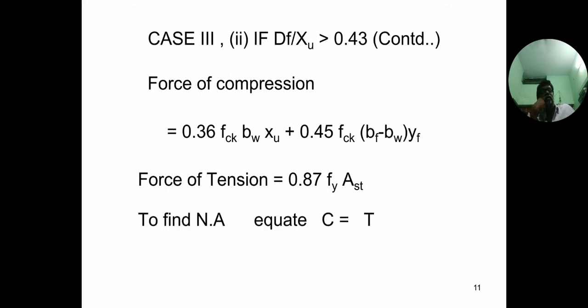To find the neutral axis, equate compressive force to tensile force, Cu is equal to Tu. Compressive force is equal to tensile force. Note down.